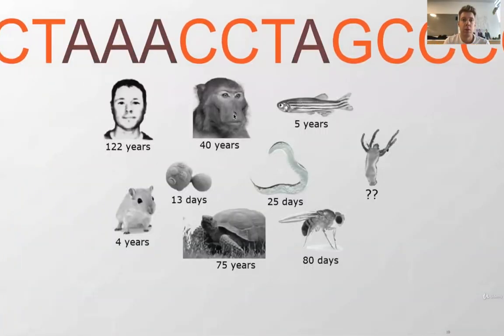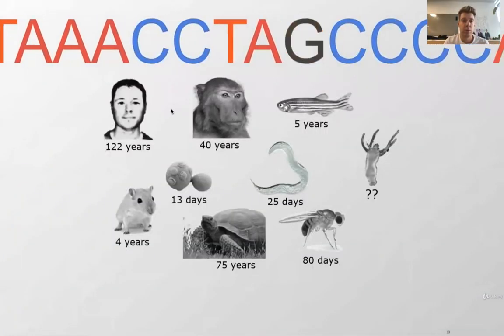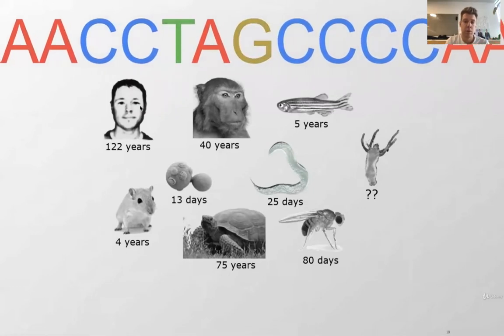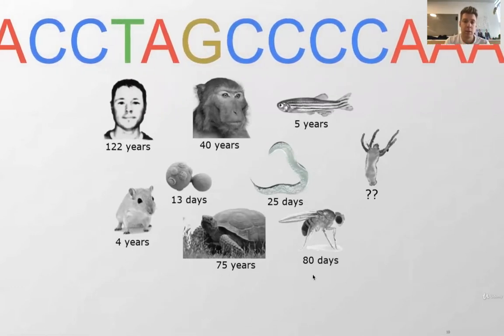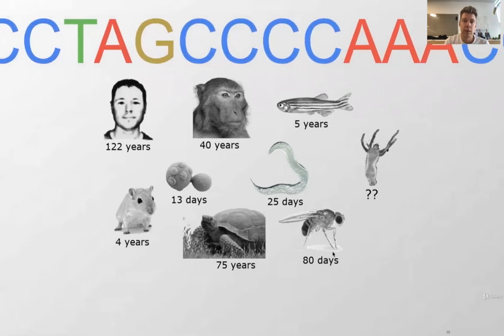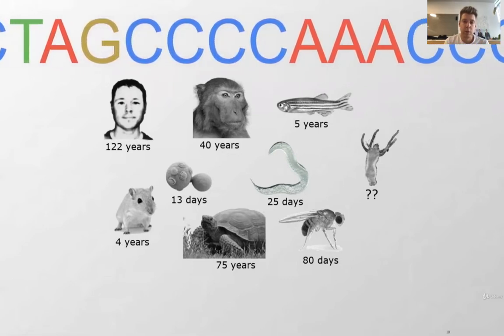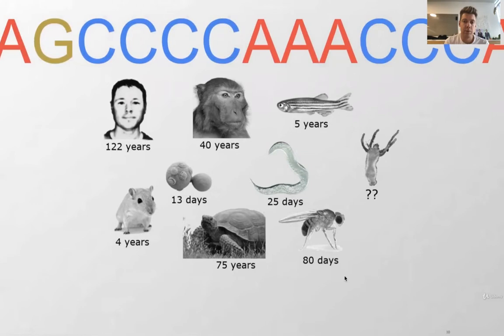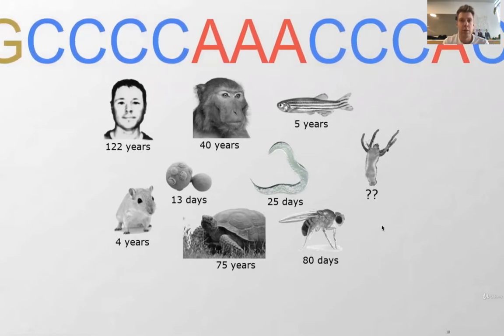But of course, aging occurs in multiple organisms. In the lab, we use humans, mice, and fruit flies. And the real difference between us and, for example, a fruit fly is really our genomes.